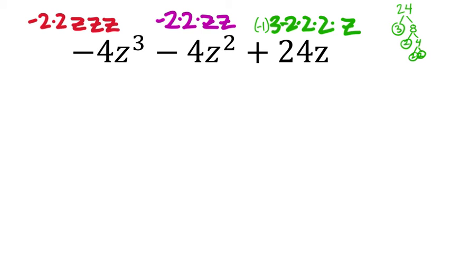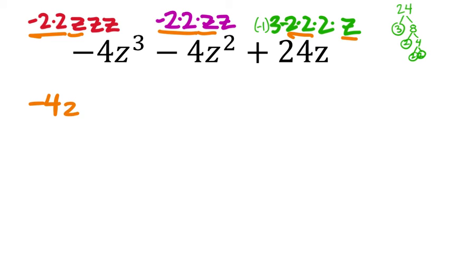So if you multiply these all out, the numbers, you get a positive 24 still. So now that gives me -2 times 2, -2 times 2, and -2 times 2, which would result in -4. But also the z's, don't forget that you got z's in common there.